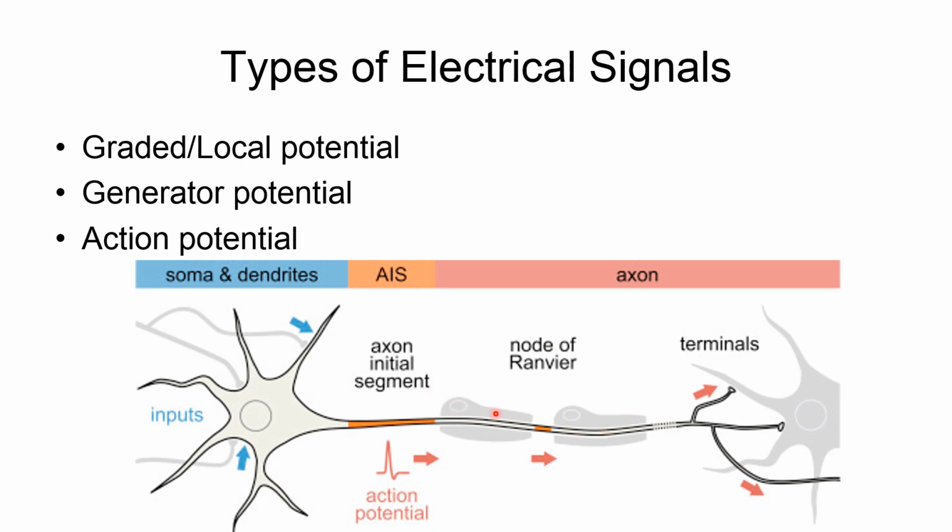It is regenerated. The ions that enter from the dendrites travel a distance and get diffused into the cytoplasm, but the opening of new channels regenerates that potential. So it is regenerated, and it will travel along the whole membrane like this.